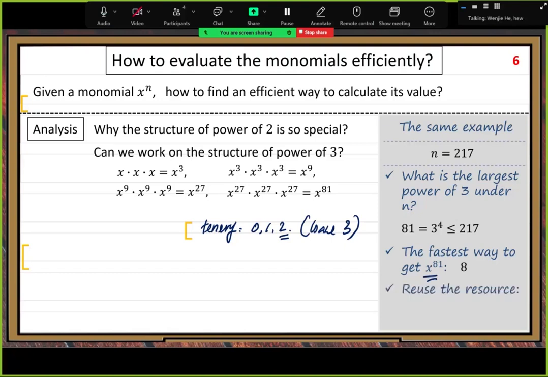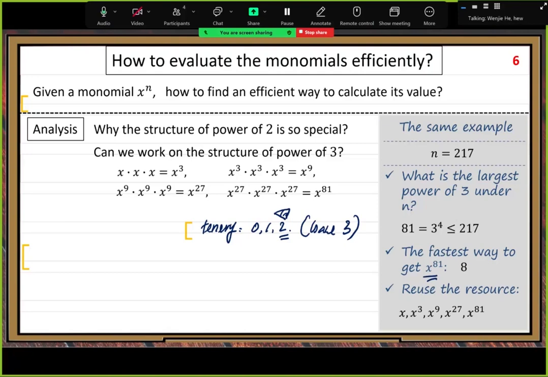So your resource pool has these monomials. You can use these monomials in your resource pool. But when you use each monomial, you can use it up to twice, because for the ternary representation, we can use coefficient 2.